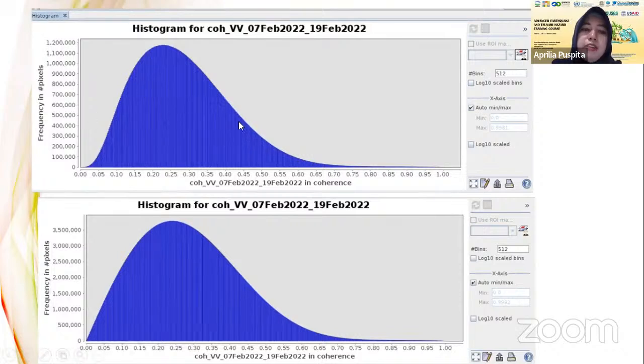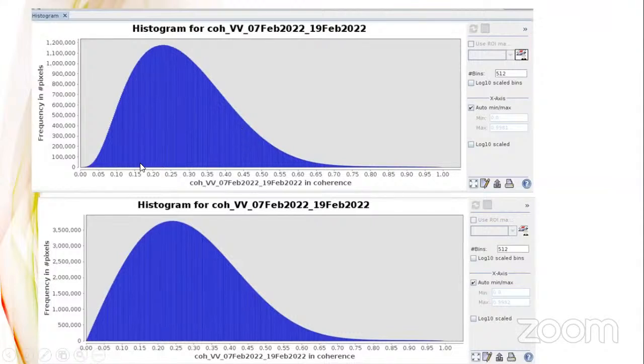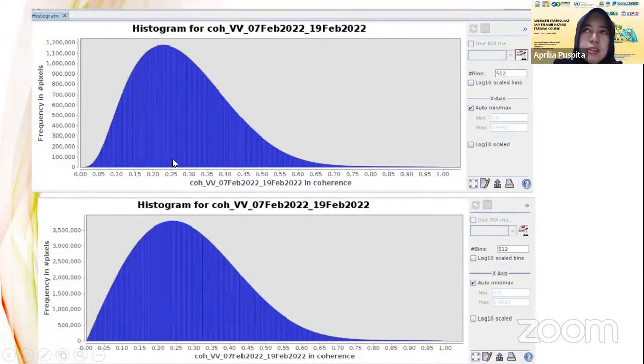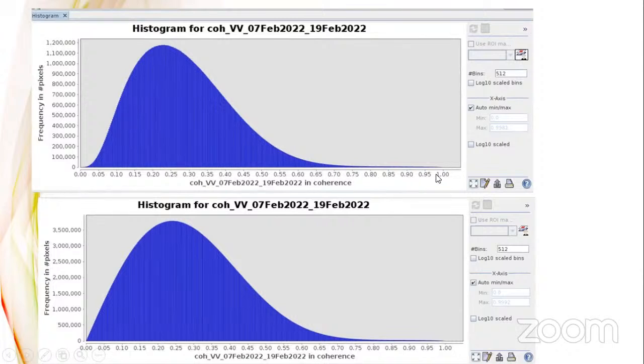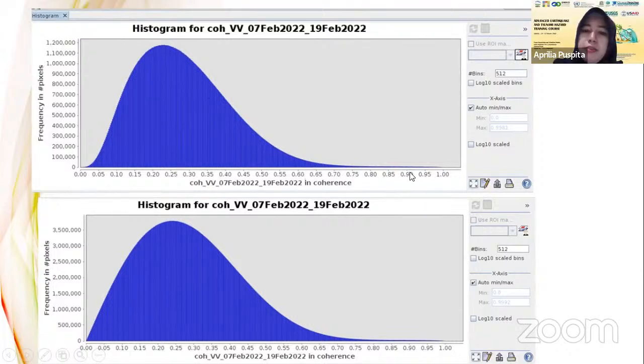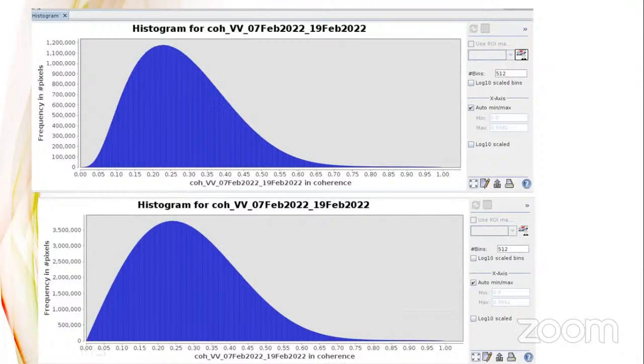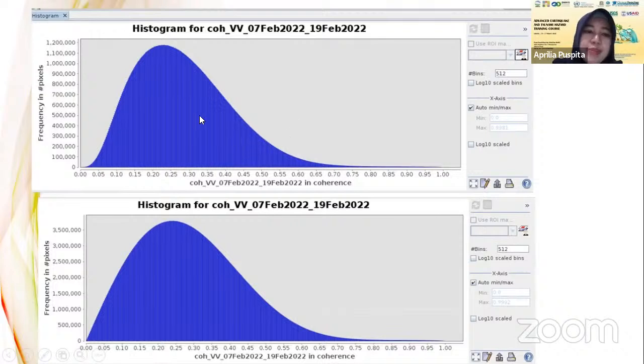This coherency value is a cross correlation between the master image and the slave image, and the value is from 0 to 1. A value near 0 indicates an area with low coherence, and a value closer to 1 indicates an area with high coherence. And we can see our data is dominated by areas with low coherence here.